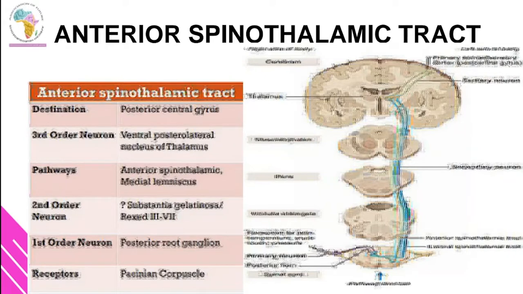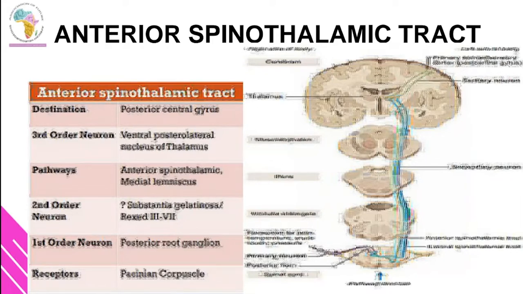The only difference is that the anterior spinothalamic tract, when it crosses over, decussates to the anterior aspect of the anterior white column, whereas the lateral spinothalamic tract crosses over into the lateral white column.